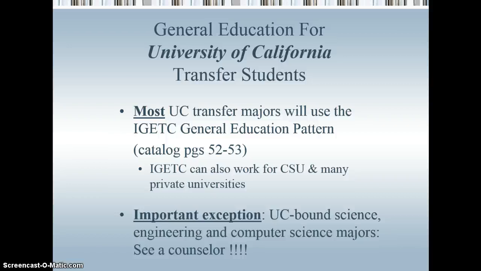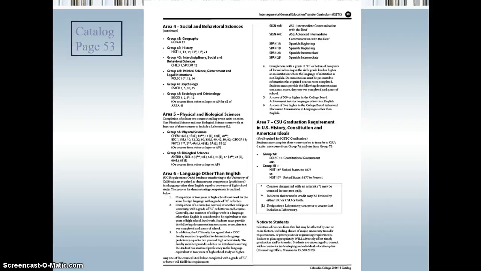You have to take so many science classes, math classes, physics, chemistry, biologies, or computer science type courses or engineering type courses that you are going to be focused more on those courses than the general ed, and there are certain minimum general eds that you can complete here at Columbia that will help you get prepped for that transfer. And you don't have to follow all of that IGETC stuff because they just want you to come with your major prep done.